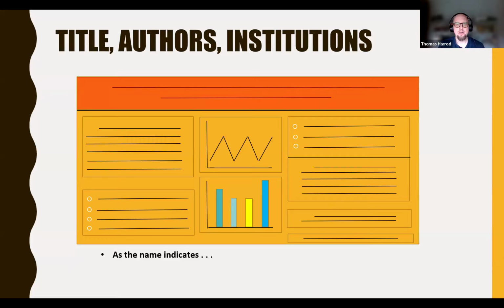And then the authors are listed in descending order by the degree of contribution they made to the project, with the final author often being the PI or the corresponding author, the person who is in charge of the project. But again, there may be lab by lab or group by group or discipline by discipline differences in that.